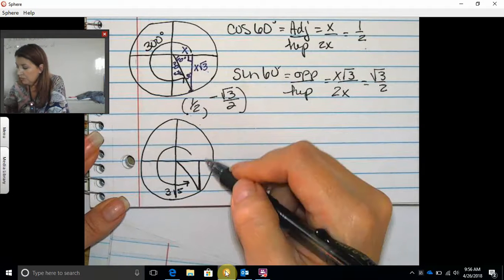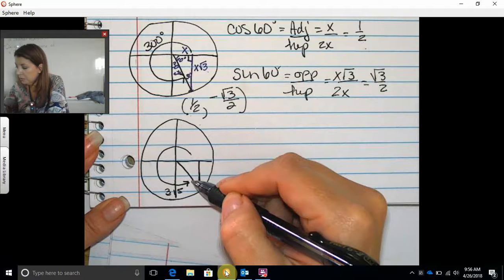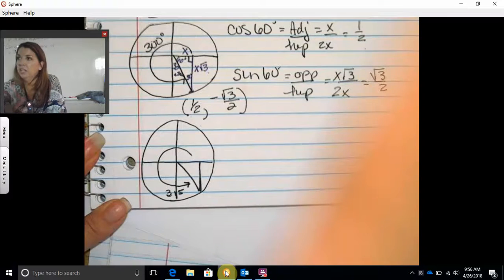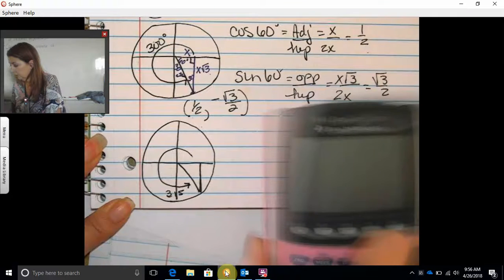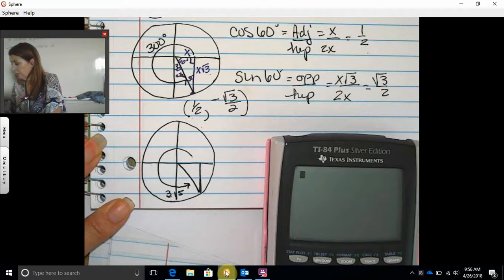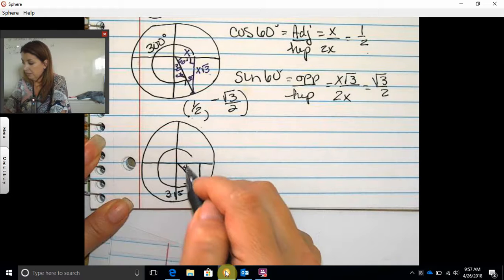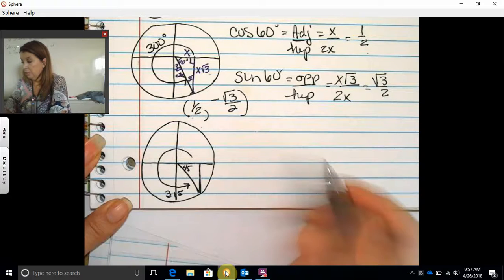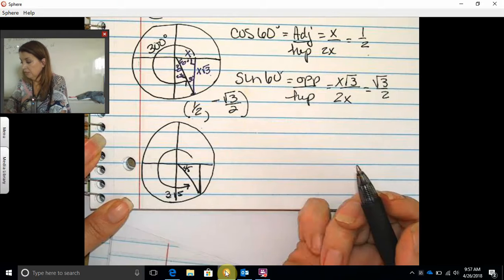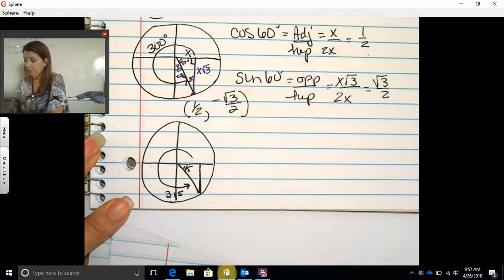So if it's 315 degrees from here to here, how much do we have left before we hit the 360 degree mark? Wouldn't it be 360 minus 315? So that has to be a 45 degree angle right there. And this would be a 45 degree angle too, correct? Correct.